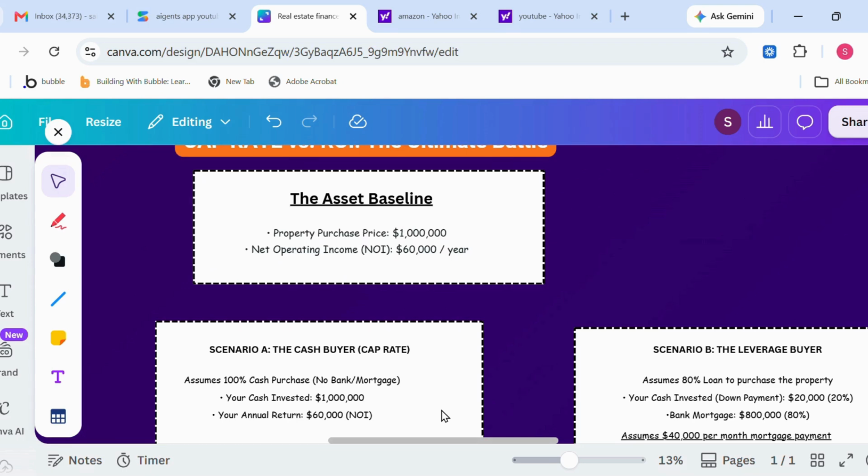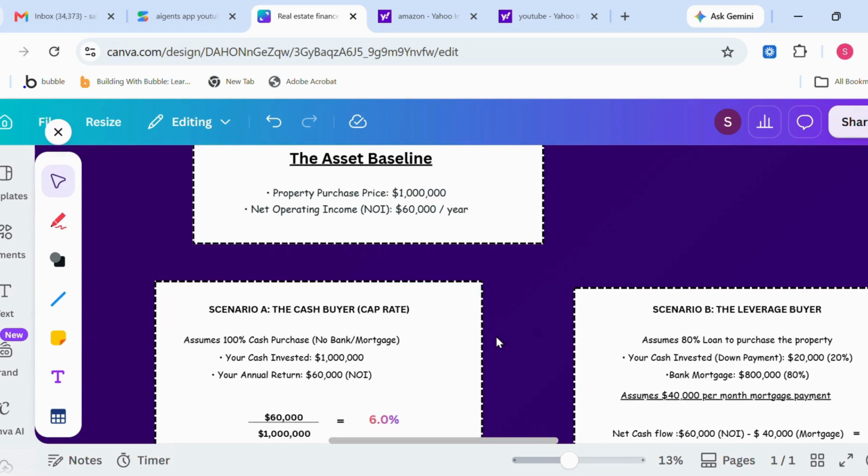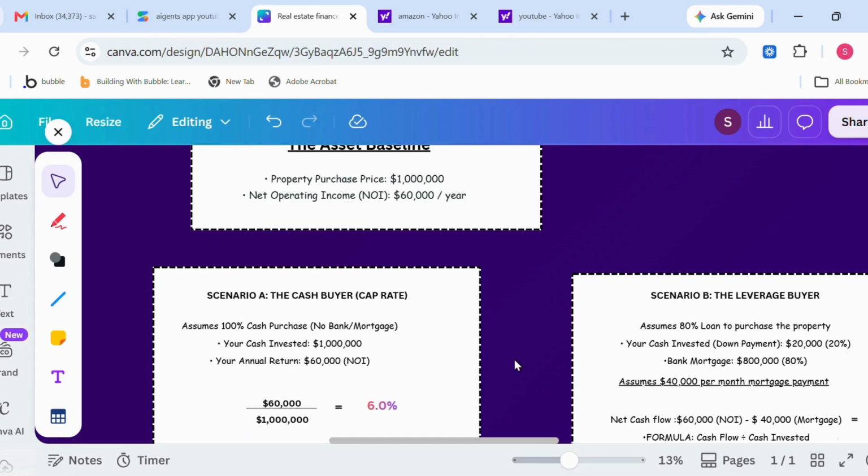So your mortgage payment is 40K, your cash flow is 20K. So you put in 200K to make 20K. So your actual ROI is 10%. So the engine is 6%, but your car is moving at 10% because of leverage, right?